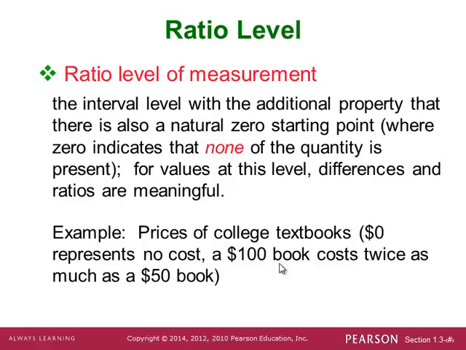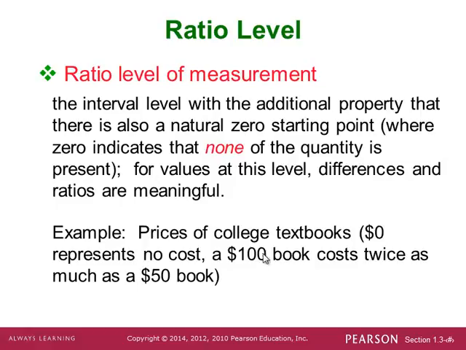And then maybe some other textbook costs $100. Maybe some other textbook costs $50. And we could see that the difference between these two textbooks, 50 versus 100, is different than, say, the difference between two textbooks that cost 100 and 175.